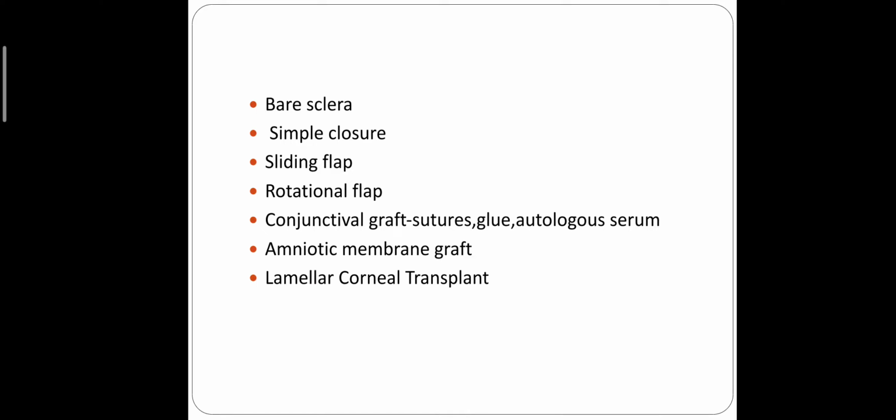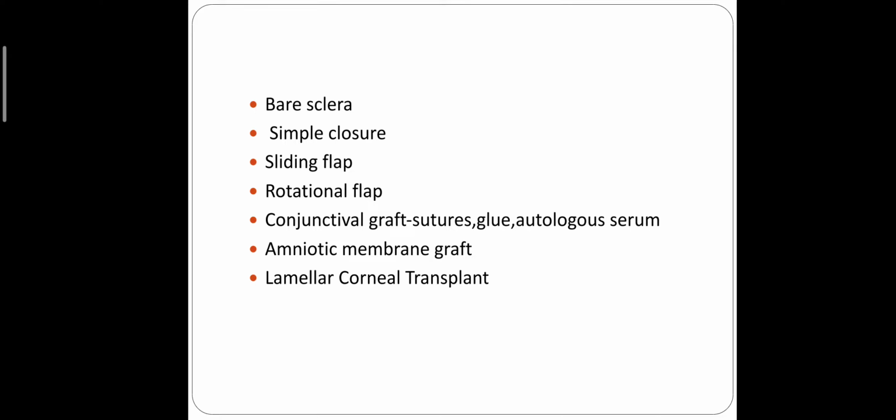So when you are avulsing it from the cornea, there can be a large corneal defect, and very rarely you need to do a lamellar corneal transplant. You need to remember it is done very rarely, in cases of recurrent pterygium with firm adhesions to the corneal stroma.